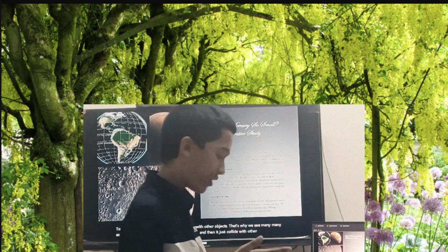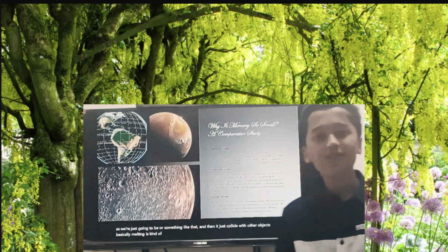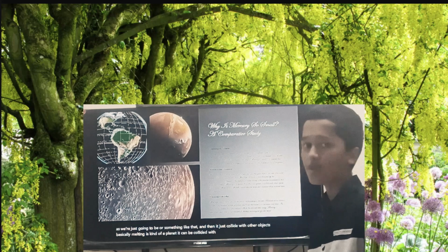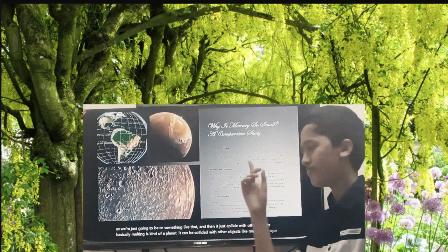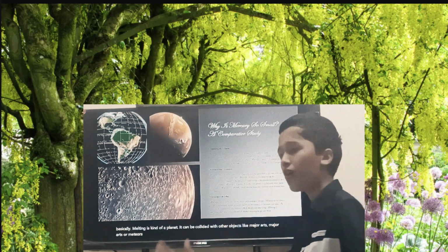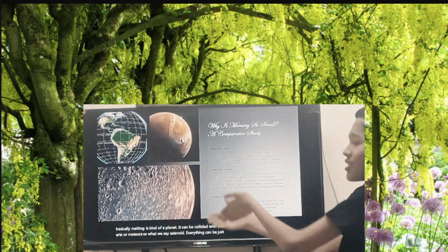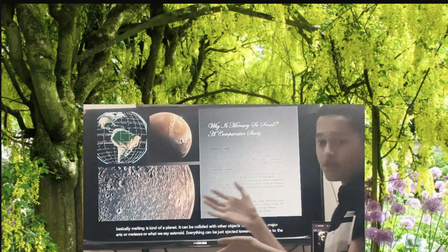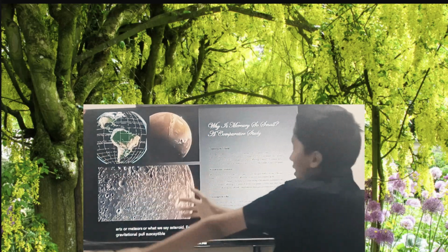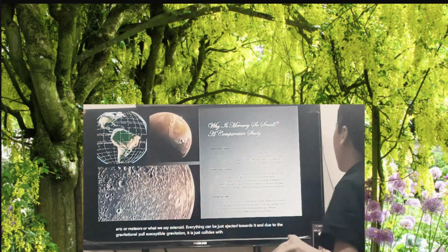Basically, Mercury is a planet that can be collided with meteors or asteroids. Everything can be ejected towards it, and due to the gravitational pull, it collides with that and forms Mercury.